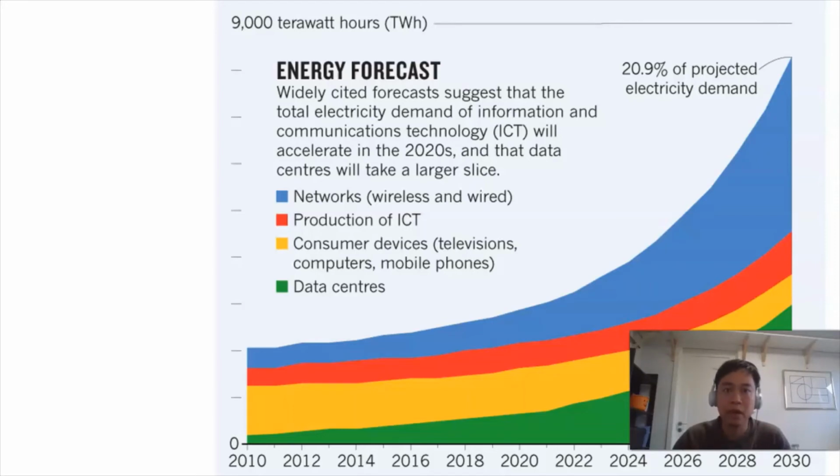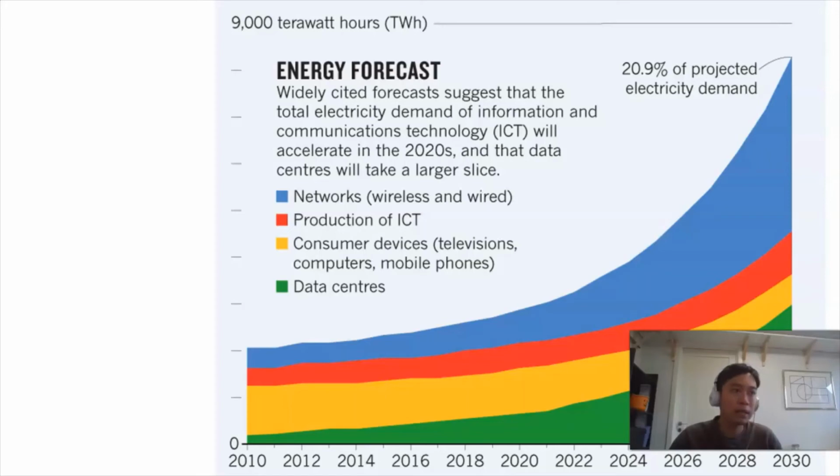They have conducted a study to understand how energy is currently consumed and the estimation of future energy consumption. In the chart, you see the blue area represents the network layer, including both wireless and wired infrastructure, how the network infrastructure consumes electricity.